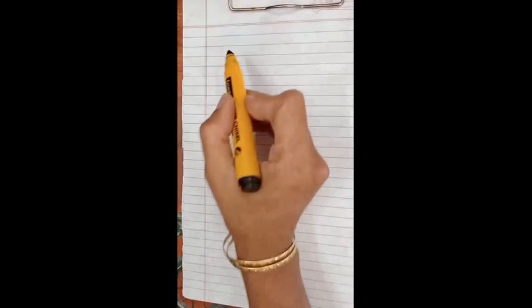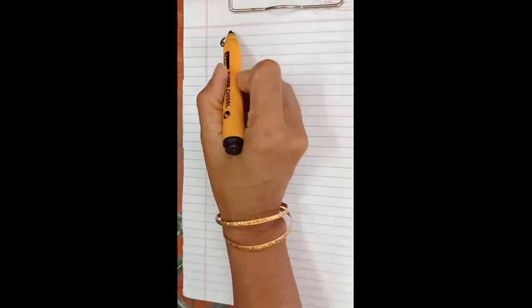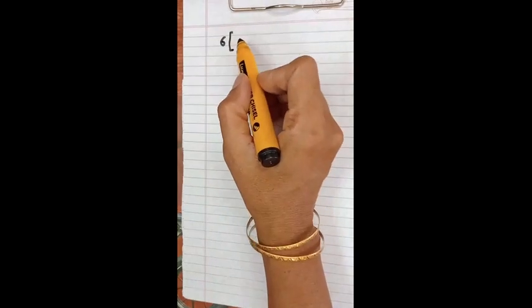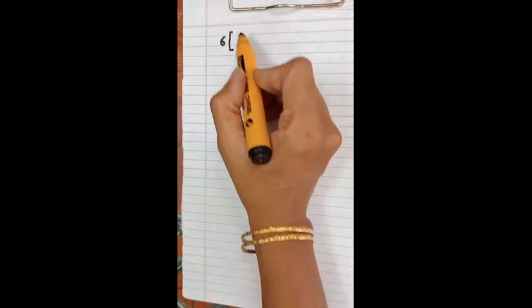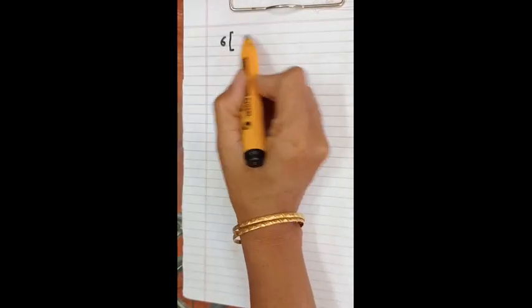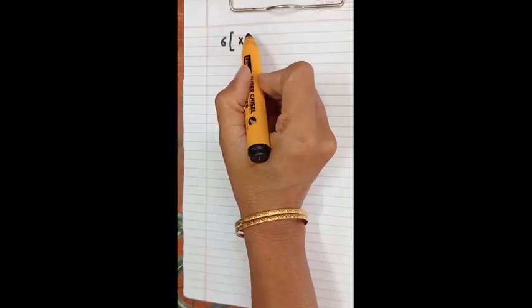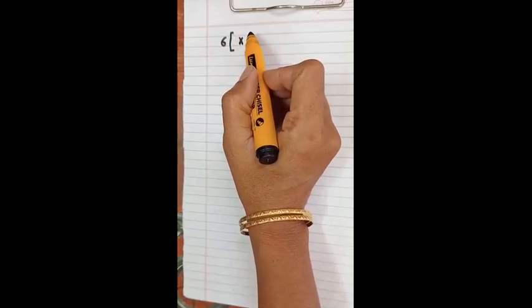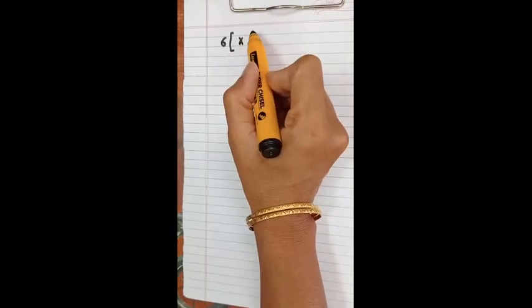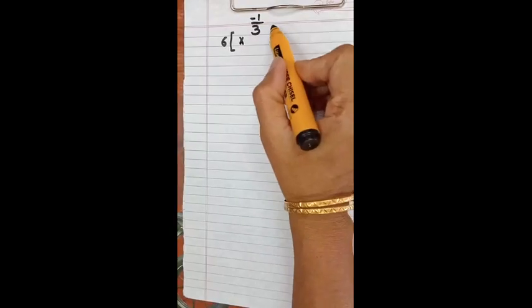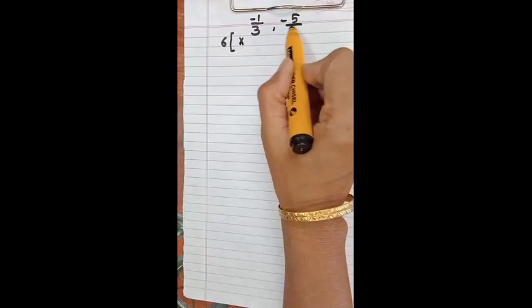So you will write the equation as 6 into bracket x. Now you have minus 1 upon 3 and minus 5 upon 2 as the factors.